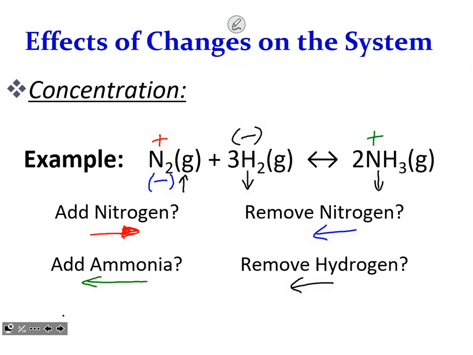So they could ask concentration questions: when we remove hydrogen, what happens to the concentration of nitrogen? Well, it's going to increase. What's going to happen to the ammonia concentration? Well, it's going to decrease because it's shifting to the left, going towards the reactants, and so the ammonia would be consumed.